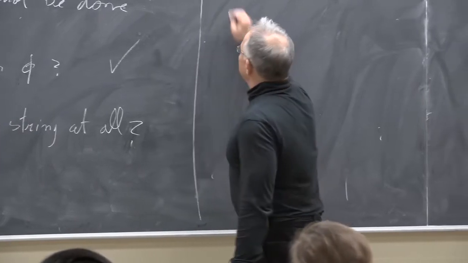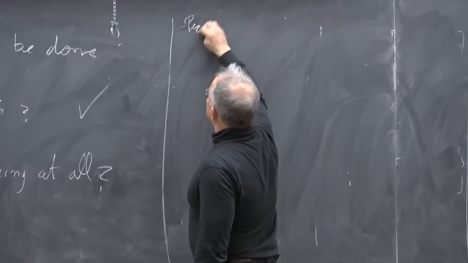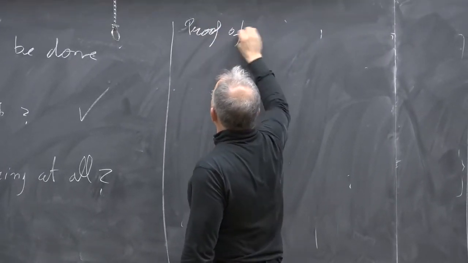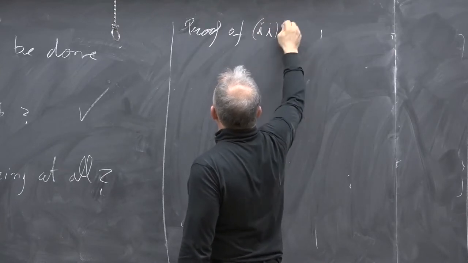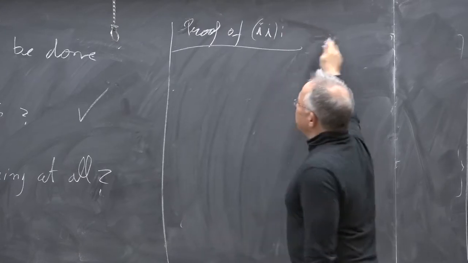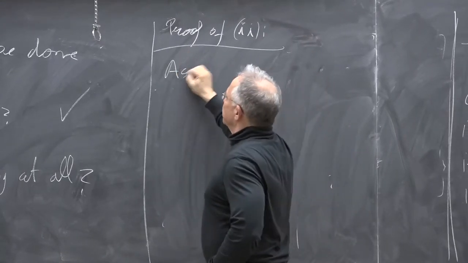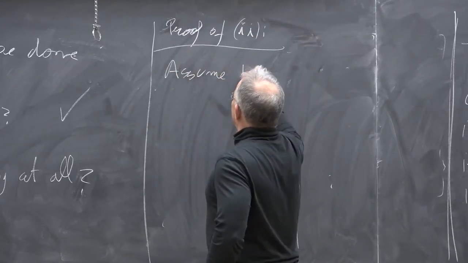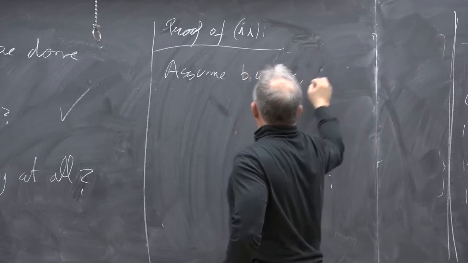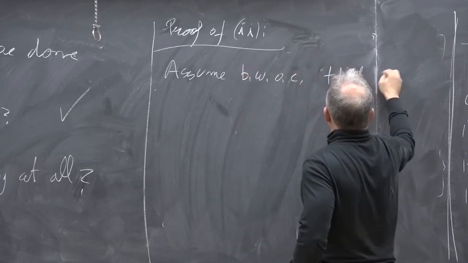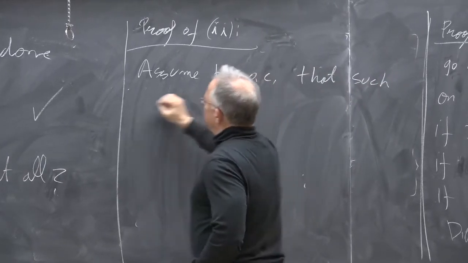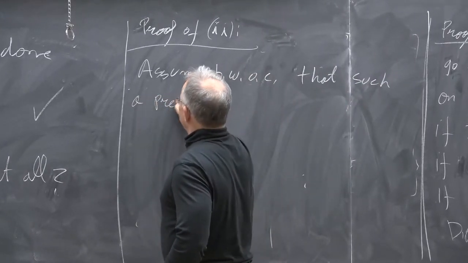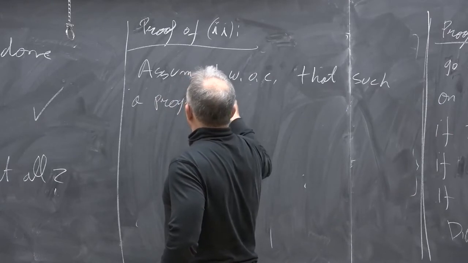Here is the proof of 2. So assume, by way of contradiction, that such a program exists.